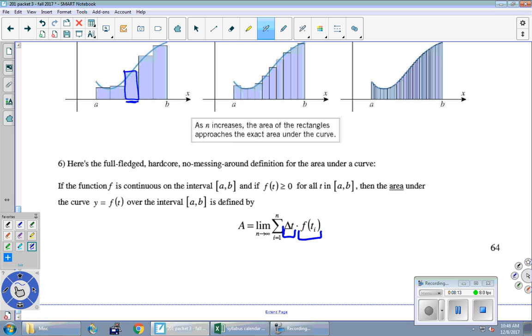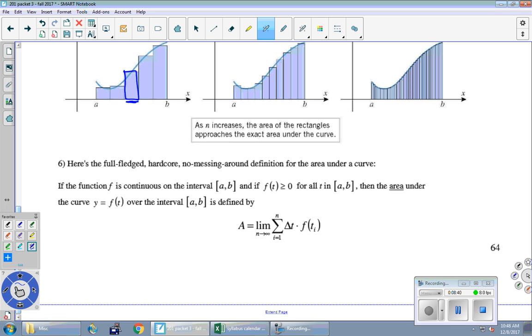When you multiply the width by the height, what are you getting for that single rectangle? The area. This says add up the areas of all of the rectangles. Right? This says you want how many rectangles? Infinitely many, right? If 20 is better than 10, then infinitely many is better than 20. And so that right there is our definition for the area under a curve.